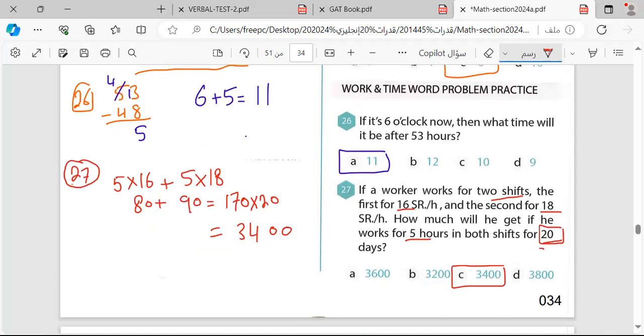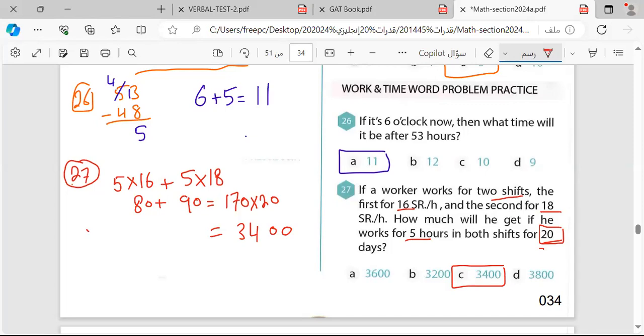Clear, my student? الرجل هذا يشتغل عند شفتين. الشفت الأول ياخذ كم؟ In the first shift, he takes 16 riyals, right? The second shift takes 18 riyals.